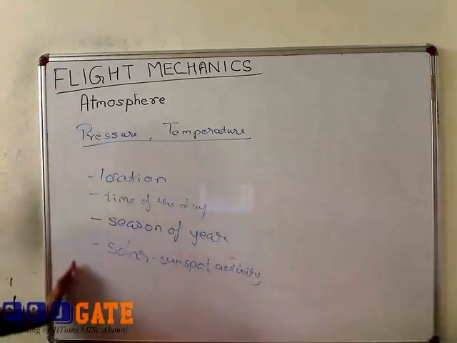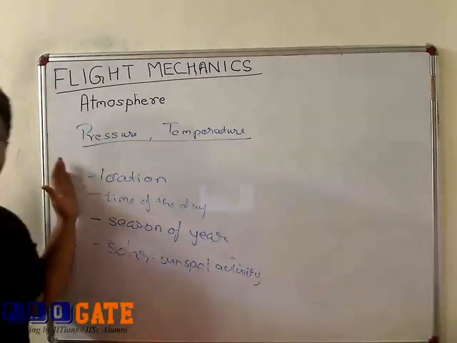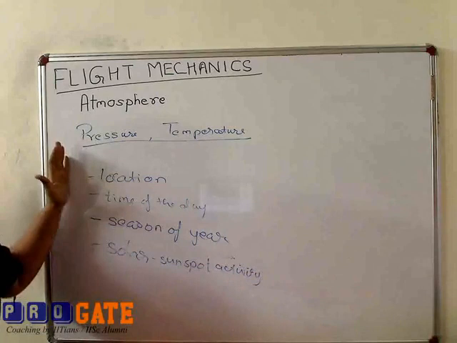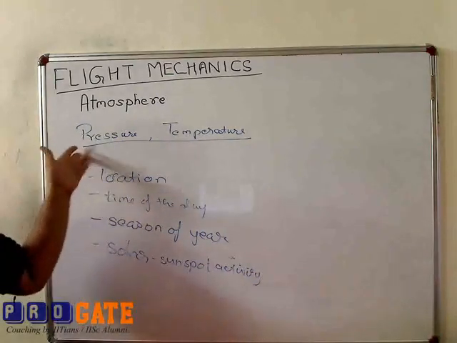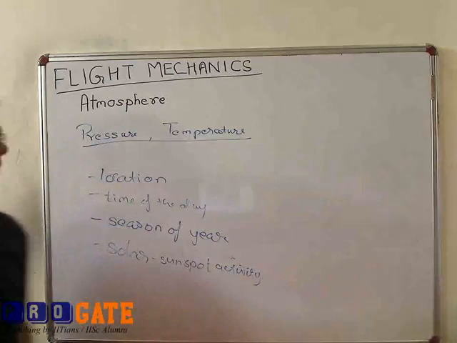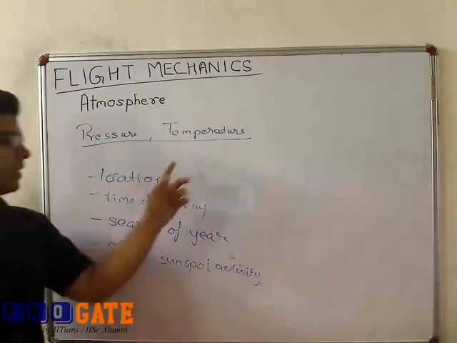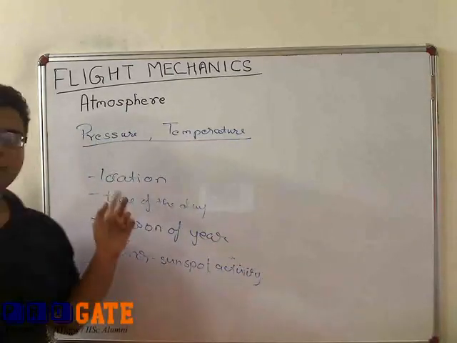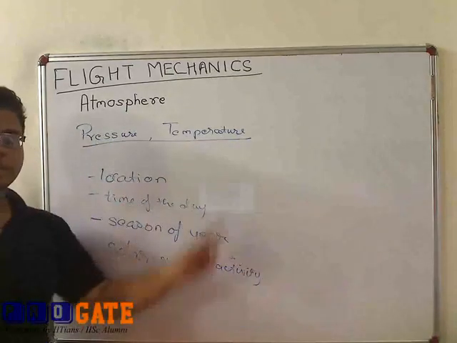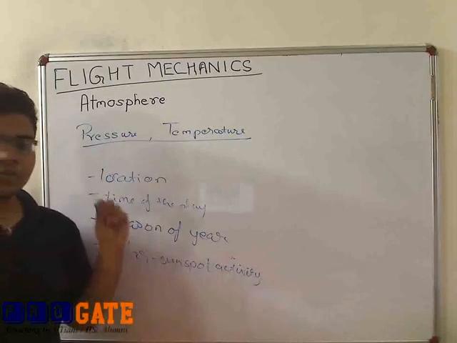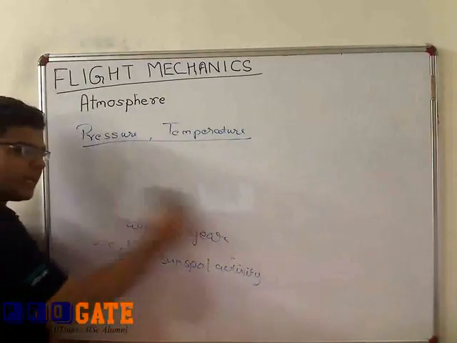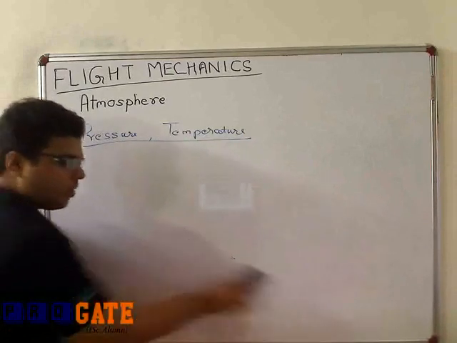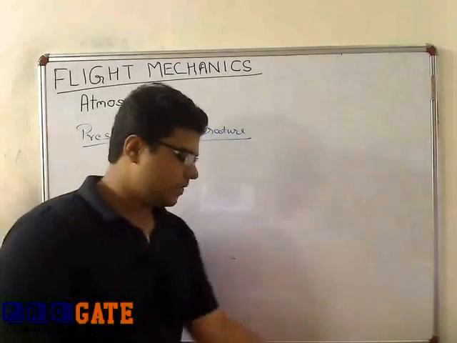So to understand the atmosphere and its effects on the vehicle, we need to understand all these factors which are going to affect the pressure and the temperature in the atmosphere. Now, realistically, to consider all these factors together is very difficult. So, what we would be doing is considering the properties of a standard atmosphere.